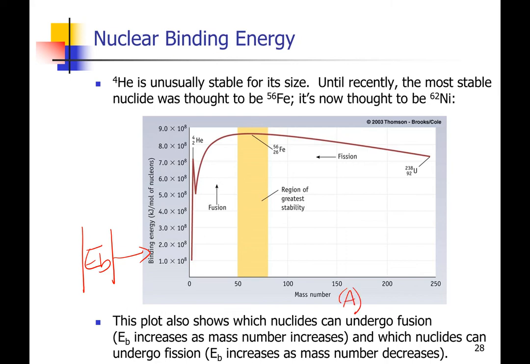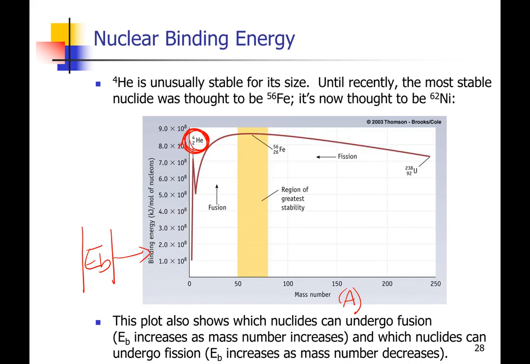And you'll notice that there's a really, really big spike here for helium-4. Our graph is generally this nice, smooth curve, just like this, except for that one helium-4.